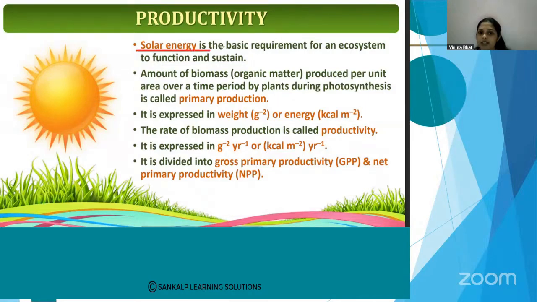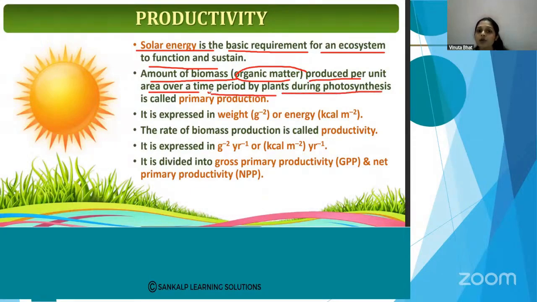Solar energy is the basic requirement for an ecosystem to function and sustain. Yes, without solar energy, no ecosystem will survive. The amount of biomass, that is the organic matter produced per unit area over a time period by plants during photosynthesis, is called primary production.